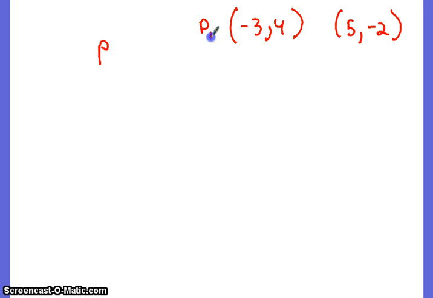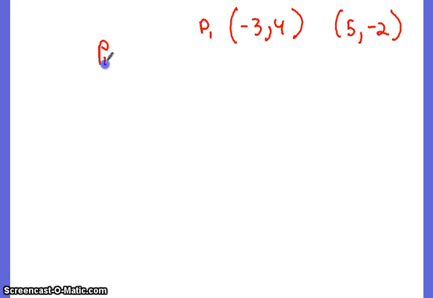Okay, so basically, if I gave you the coordinates -3, 4, and 5, -2, if I gave you those 2 points, we'll be able to find it. And this slope formula works like this. For the first point, we'll call this P1.